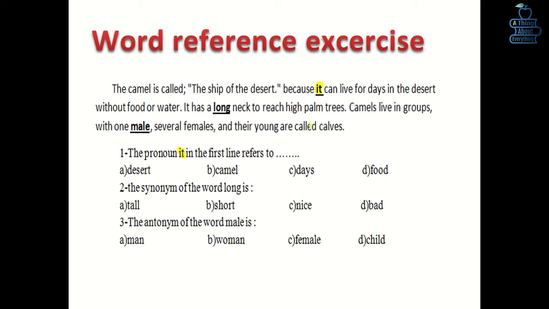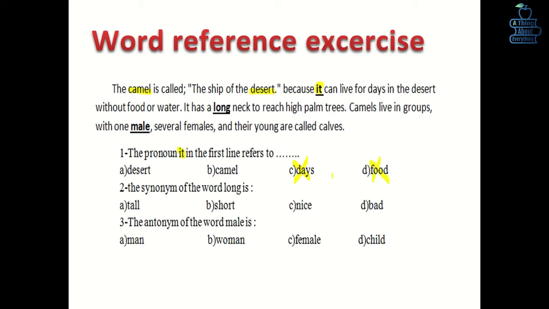"It" is singular, so immediately you have to forget "days." We have just desert, camel, food. You have to read before the pronoun and find out what "it" refers to. Camel, we found one. "The camel is called the ship of the desert because it can live." So we have camel and desert. Forget about food.